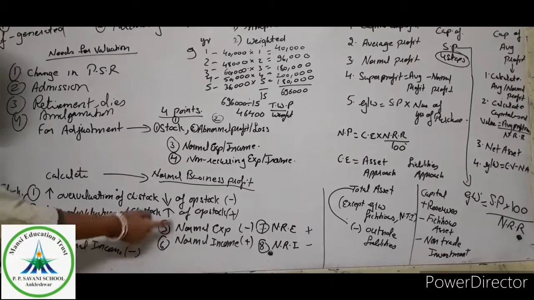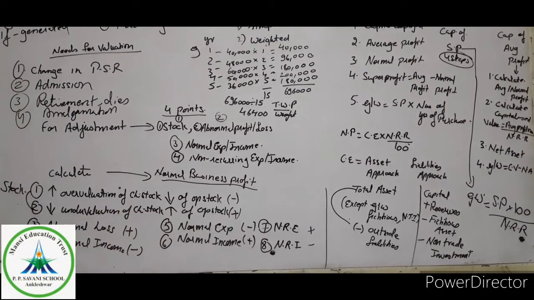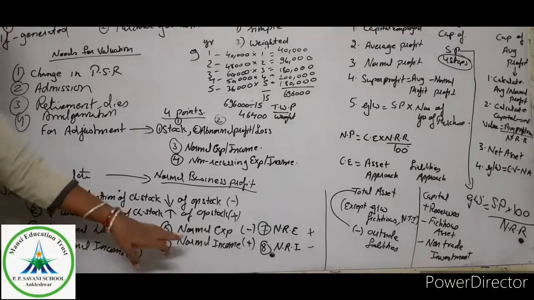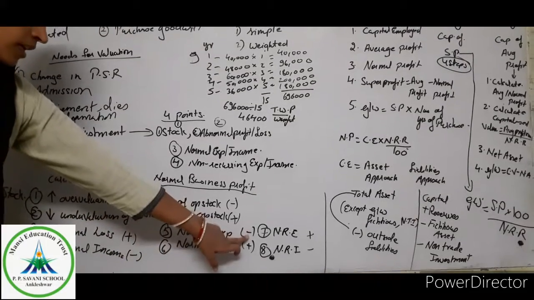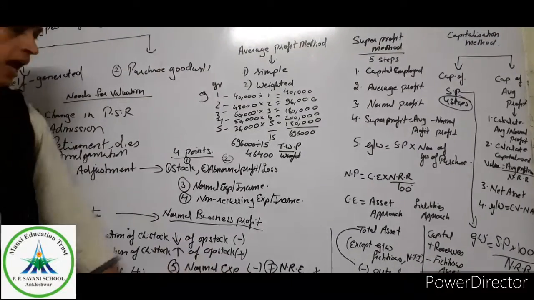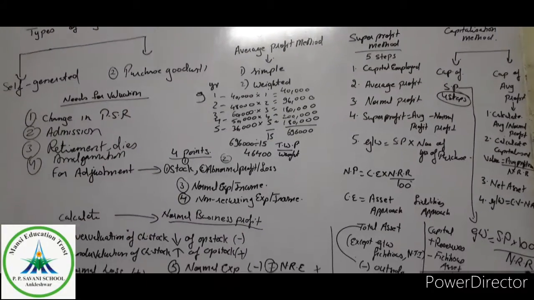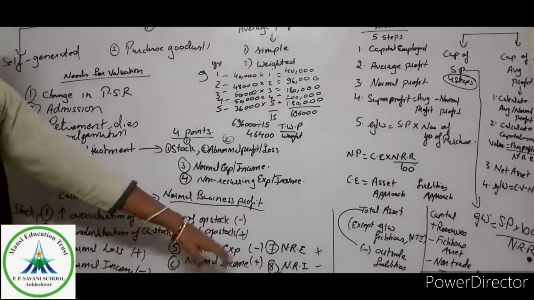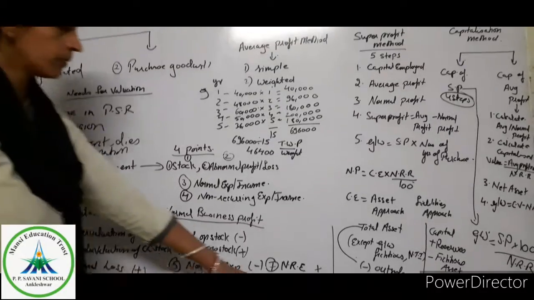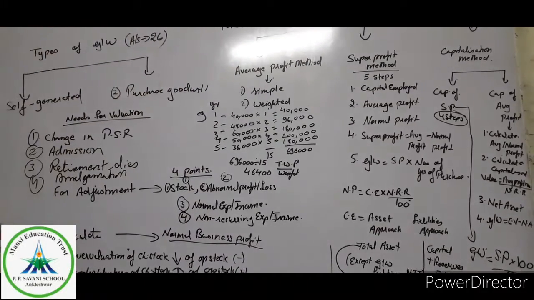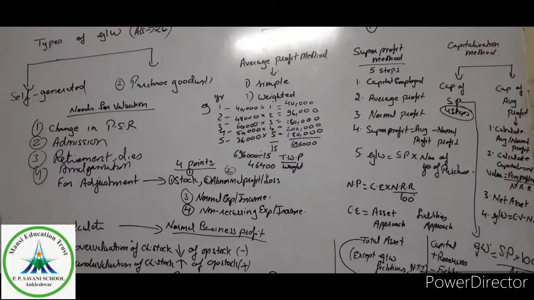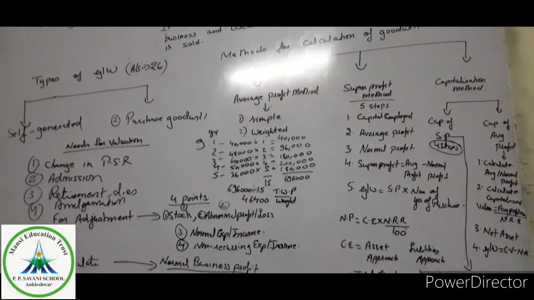For the 5th and 6th, normal expenses like insurance premium and all that will be deducted and normal income will be added. Whatever non-recurring expenses there are will be added, and non-recurring income will be deducted. So this is how we are going to do all the adjustments which are given in the chapter.